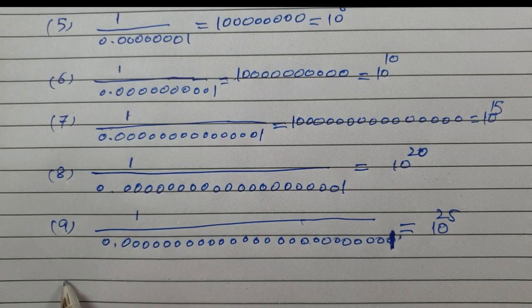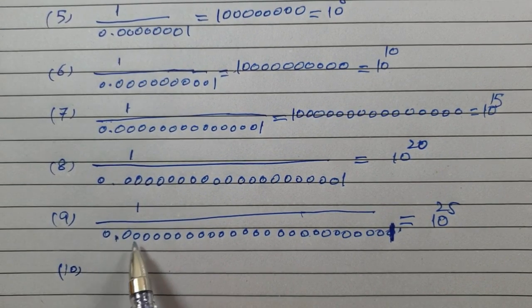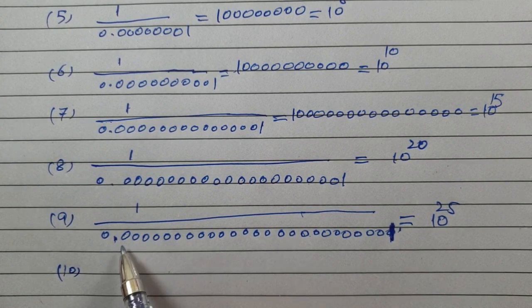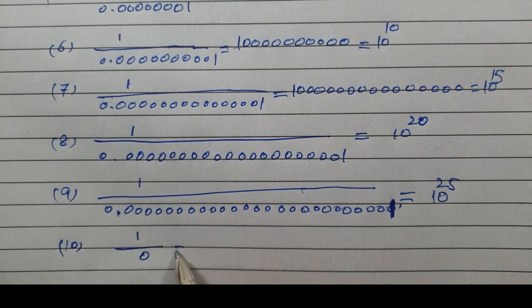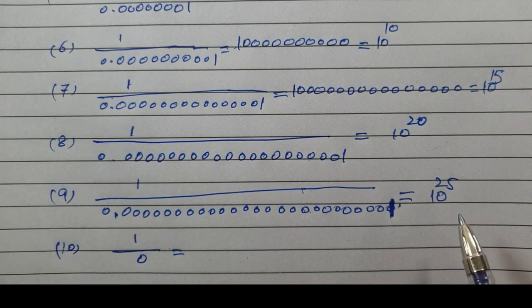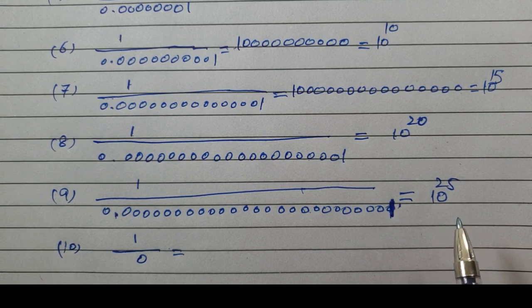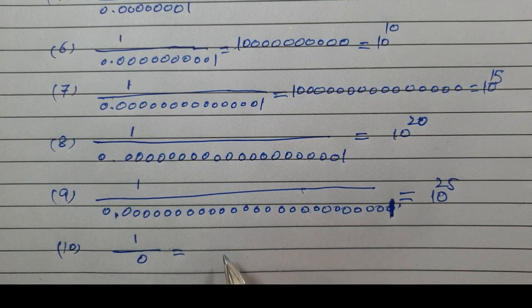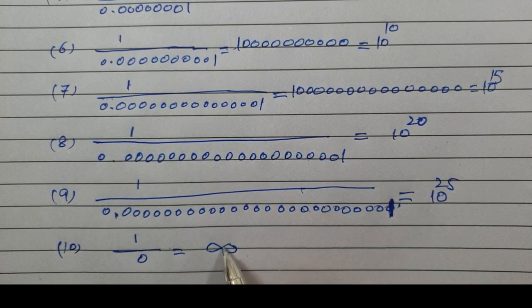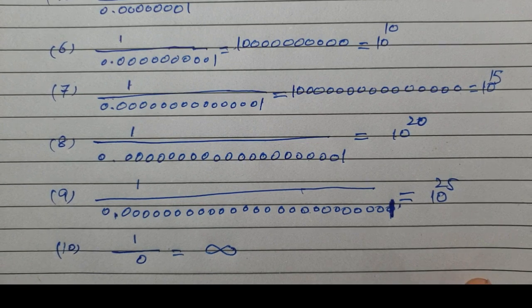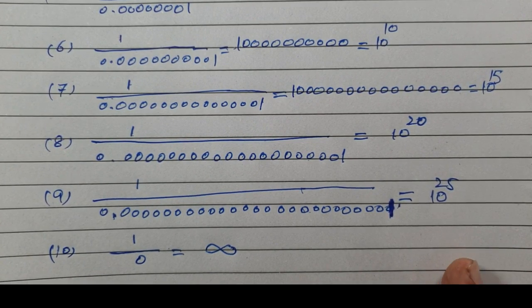Okay. Therefore, what is this number almost? This is almost 0. We can write 1 over 0, and this figure will become so big that we can name it infinity, because we cannot interpret it, we cannot put it on paper, we cannot interpret it in words also.